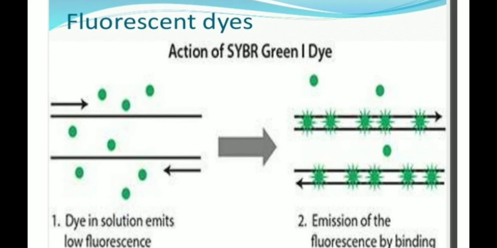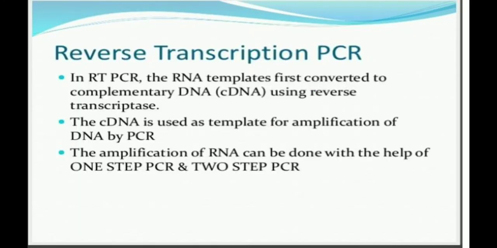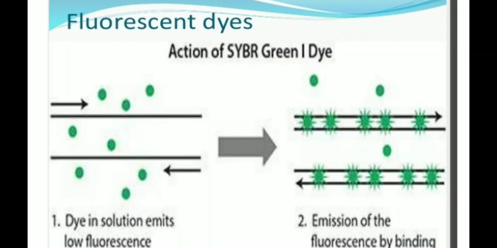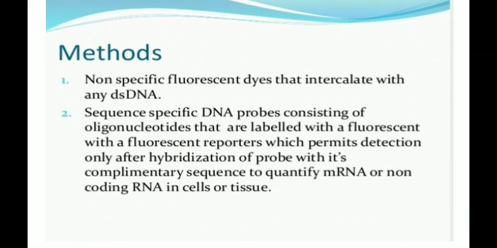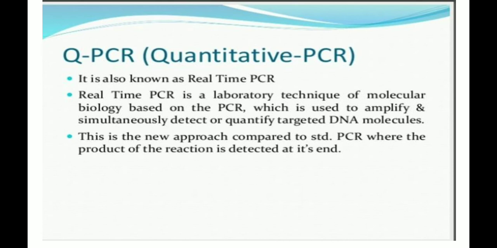So it binds to the DNA, and there is emission of fluorescence by binding. Okay, that is qPCR. In qPCR you need to remember that it is the technique by which you can also detect DNA sequences, and at the end you get the new product formed. By this technique you can amplify, detect and quantify targeted DNA molecules. So that is the important thing.